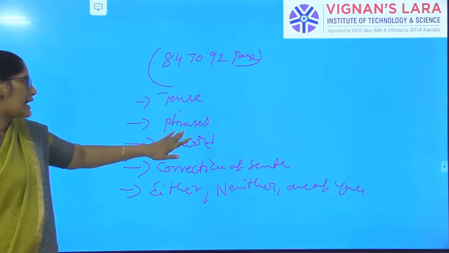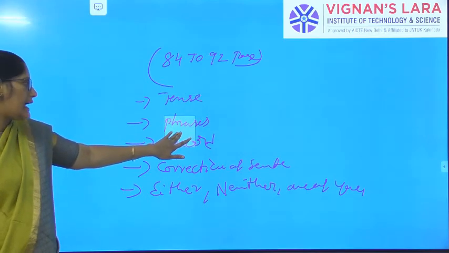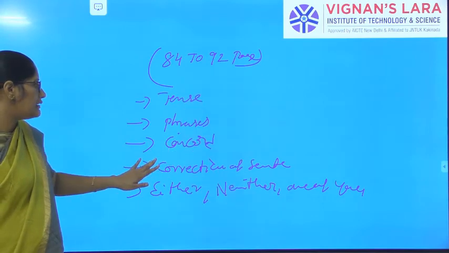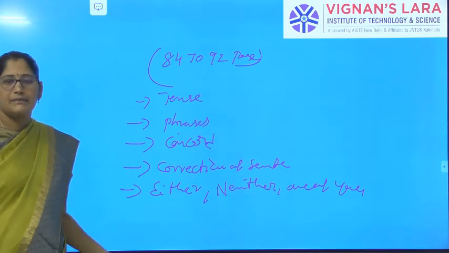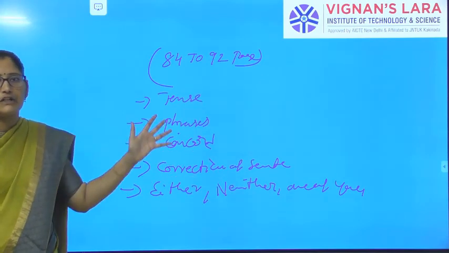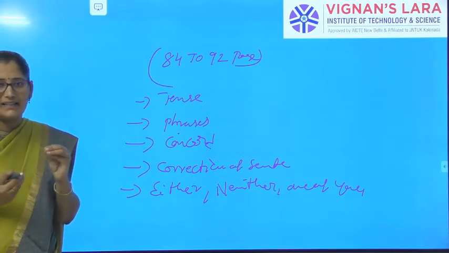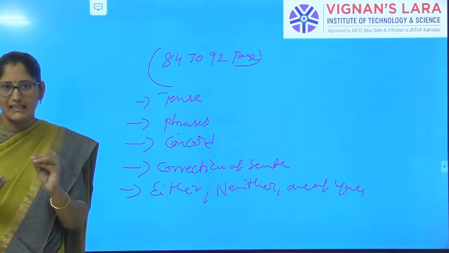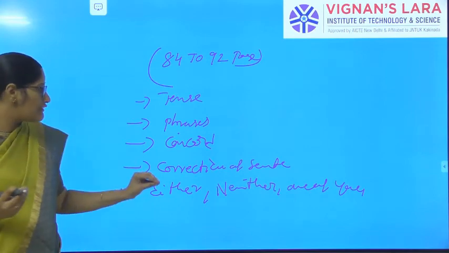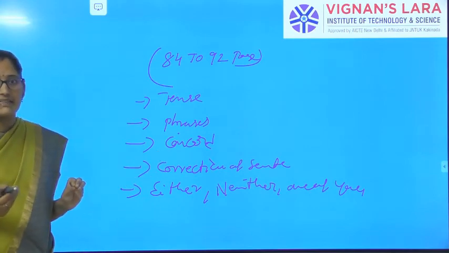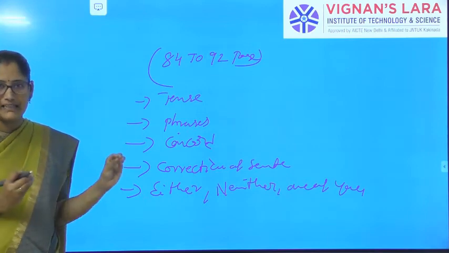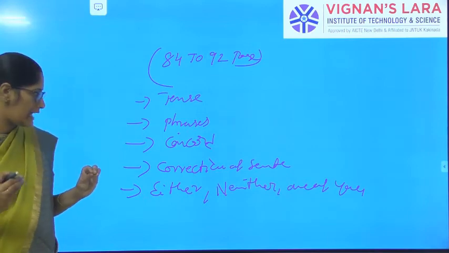Complete the tense exercise, the phrases exercise, and the conquered and correction of sentences. Altogether they have given 20 to 25 correction of sentences, which a little grammatical sense will help you solve.